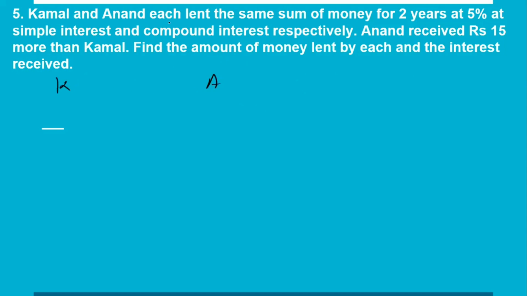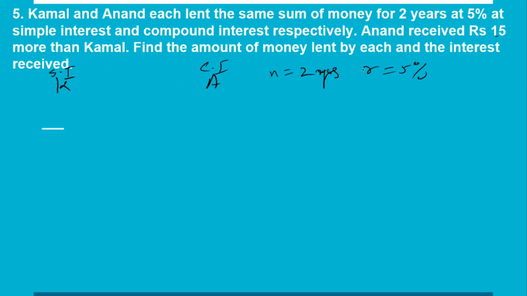They each lent the same sum, so the principal is the same, for 2 years at 5% per annum. So N is equal to 2 years and rate is equal to 5% per annum. Kamal lent at simple interest and Anand lent it at compound interest. Anand received rupees 15 more. So who received rupees 15 more?